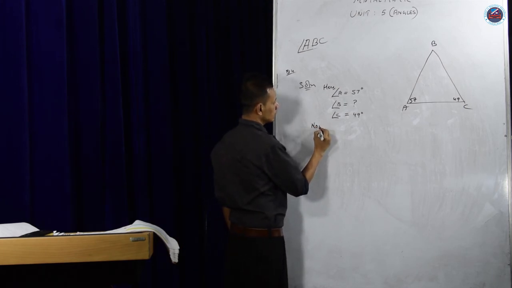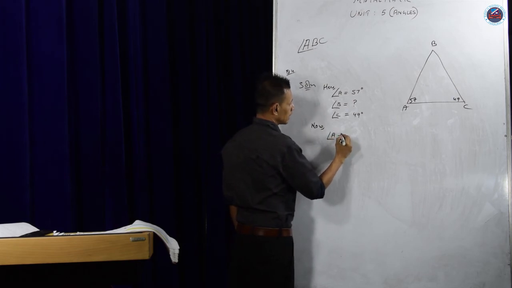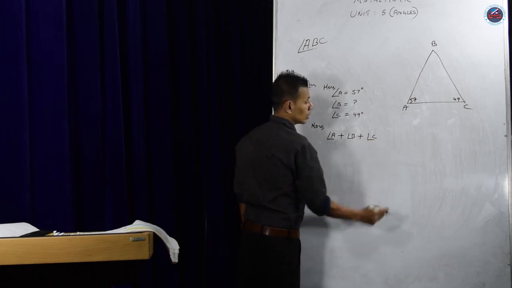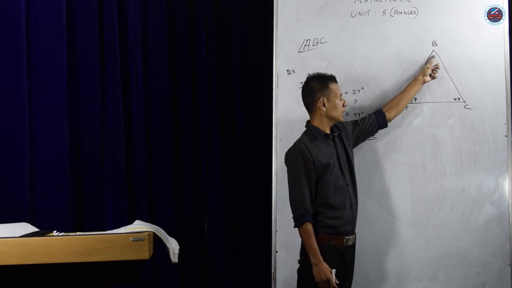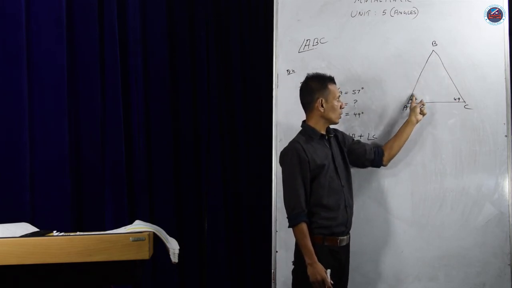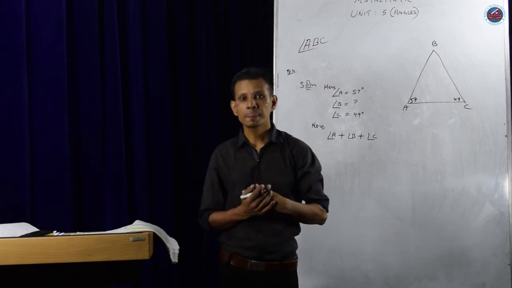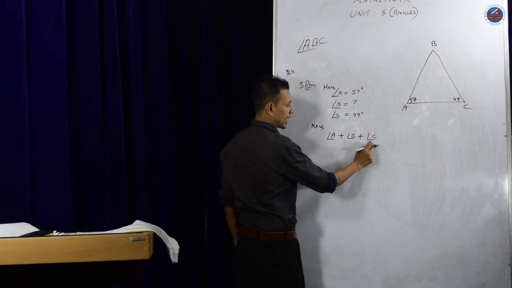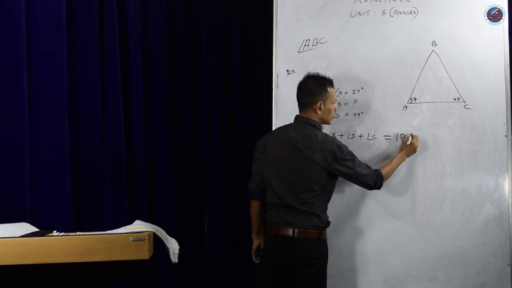Now angle A plus angle B plus angle C. What am I doing? Angle A plus angle B plus angle C. If I add all the angles of a triangle, what will I get? I told you already, 180 degrees, right? If I add all these 3 angles of a triangle, I will get 180 degrees.